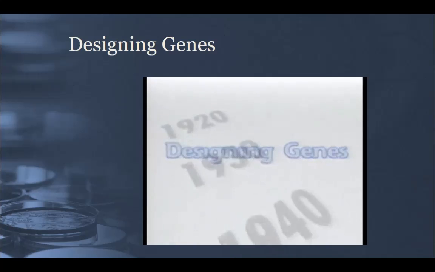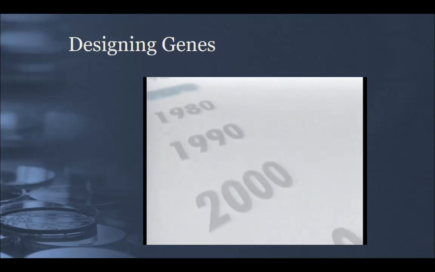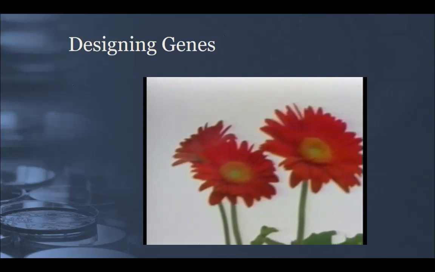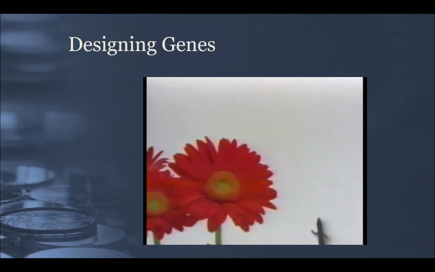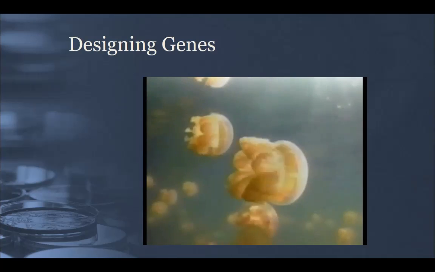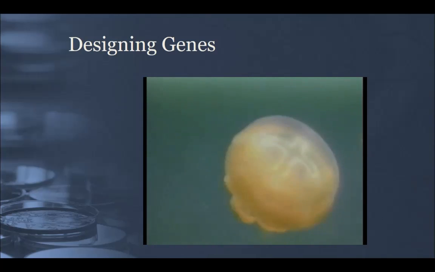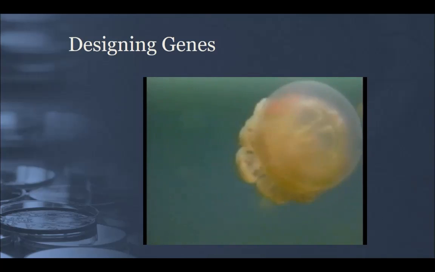Scientists first learned how to change genes in the early 1970s. Using the techniques we're about to describe, it's now possible to take a gene from a lizard and mix it with the DNA of a plant. We can take the genes of jellyfish and mix them with genes from mice.